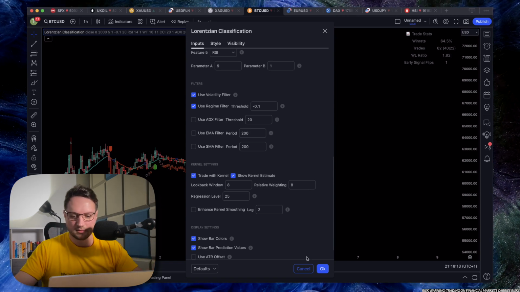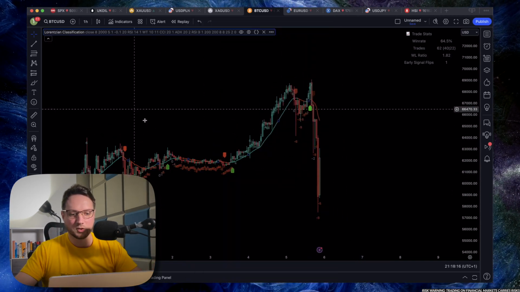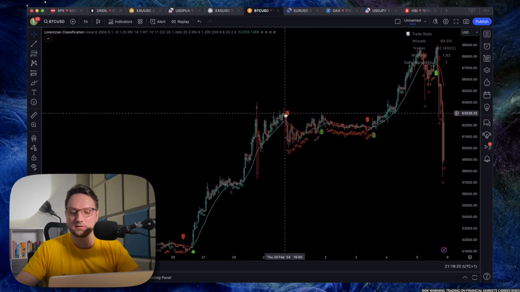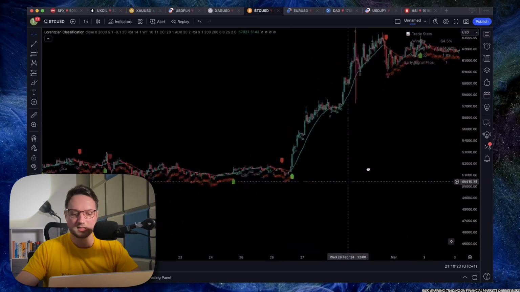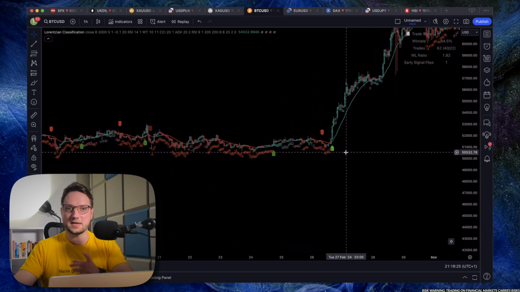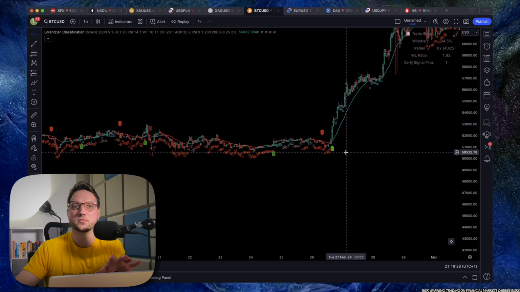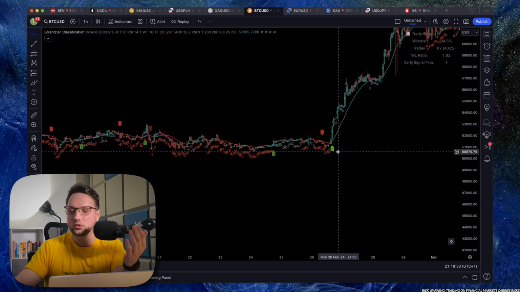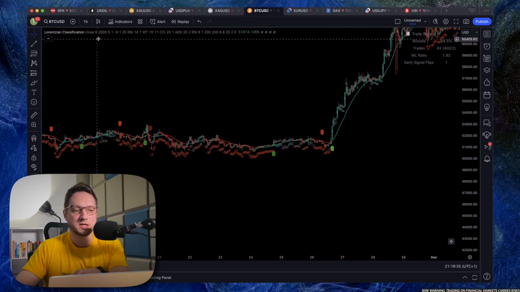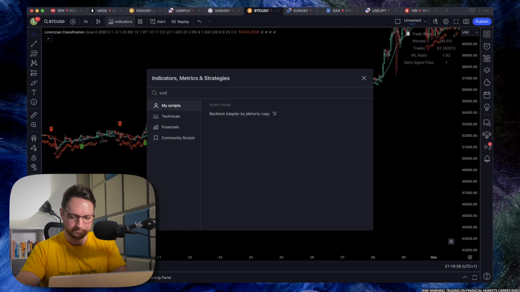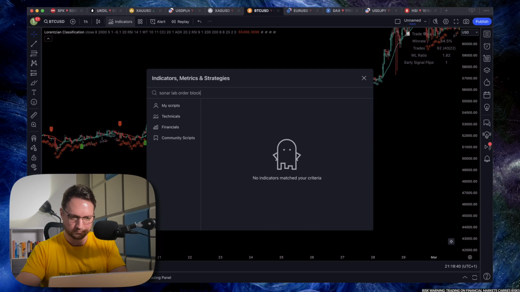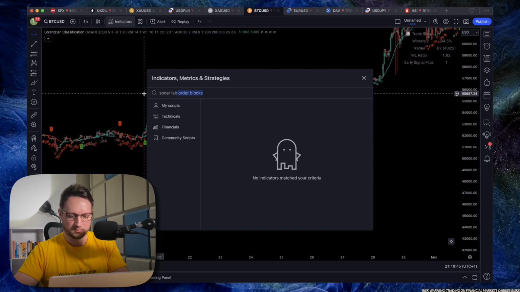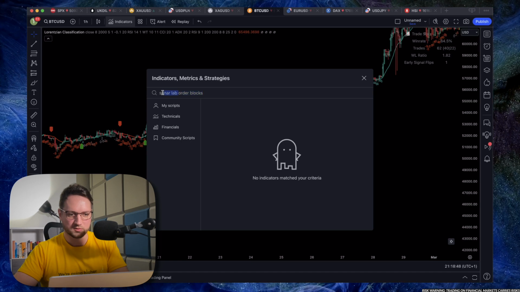So yeah, that's the indicator, the Lorentzian Classification, and as you can see, it is not perfect. Like for example here, it gave a false signal, this one a good one, and so on. What we could use this indicator for is a fairly simple strategy. We could, for example, combine this Lorentzian Classification indicator and the order blocks from SonarLab.